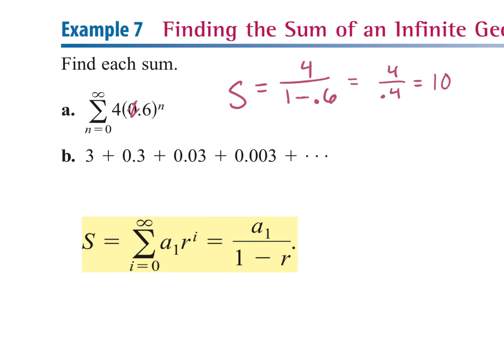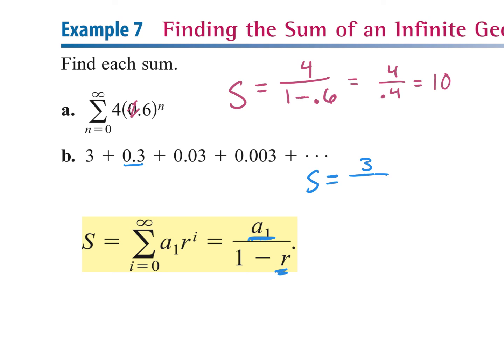All right, let's do the last one. We need to know what our a sub 1 is, and we need to know what our ratio is. Here it just gives us a sequence of numbers. Do we know what our a sub 1 is? What's our first number here for b? 3. All right, and then how do we find our ratio? Second number divided by the first.